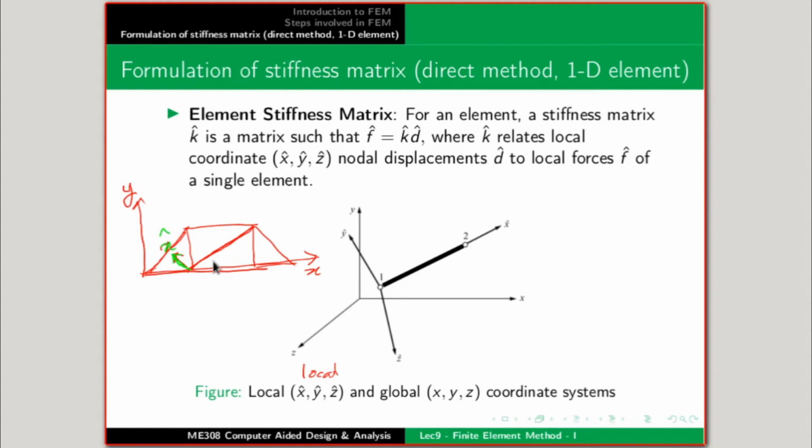So this is x cap, along the direction of the element, and perpendicular to that we will select y cap. So this represents a local coordinate system, while this represents a global coordinate system for that entire frame. Here x cap, y cap, z cap represent the local coordinate system.